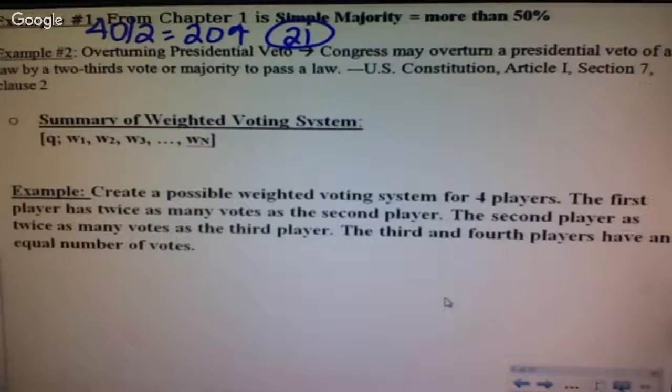The way that you'll see this, a summary of the weighted voting system: you'll see a square bracket, and then you'll see a number. That first number is always your quota.